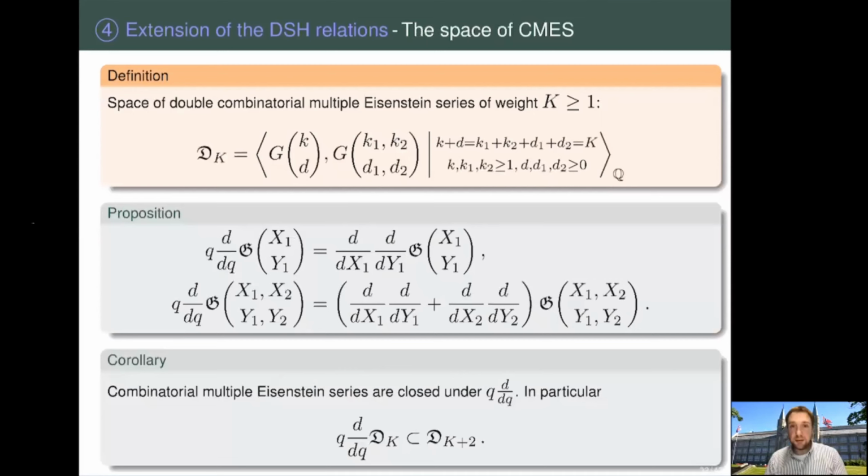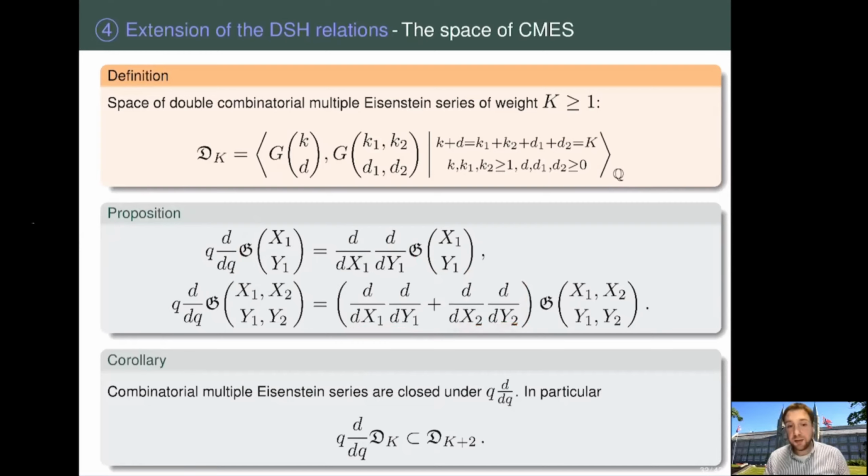And yeah, so then one can show that the space spanned by these combinatorial multiple Eisenstein series is closed under taking the derivative, or more precisely, this d tau, if you go from tau to q, corresponds up to a factor to q d/dq, and on this level of these B-molds, this operator q d/dq is just somehow this total differential here, where it takes the sum over all partial derivatives with respect to x and y.